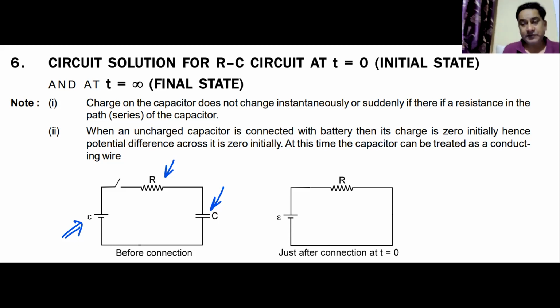Now, you must be knowing that during the time when the capacitor is getting charged, the charge on the capacitor is going to change continuously, and that stage is known as the transient state. Have you heard this term, transient state? Yes, sir. Okay. During this transient state, the charge on the capacitor is going to change, and that is what we are dealing with in this class.